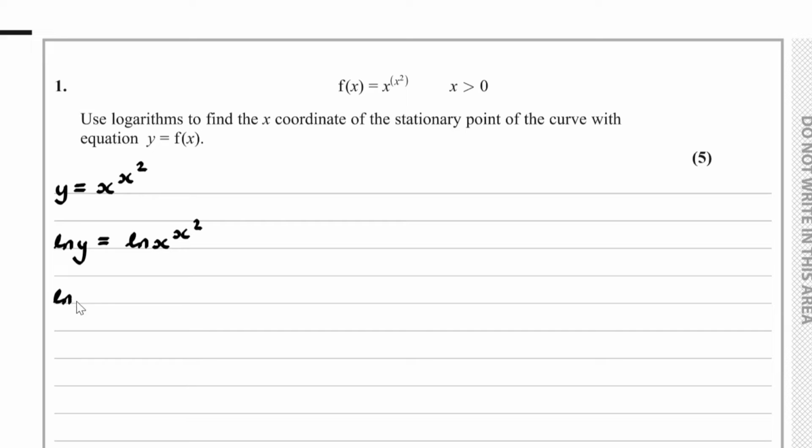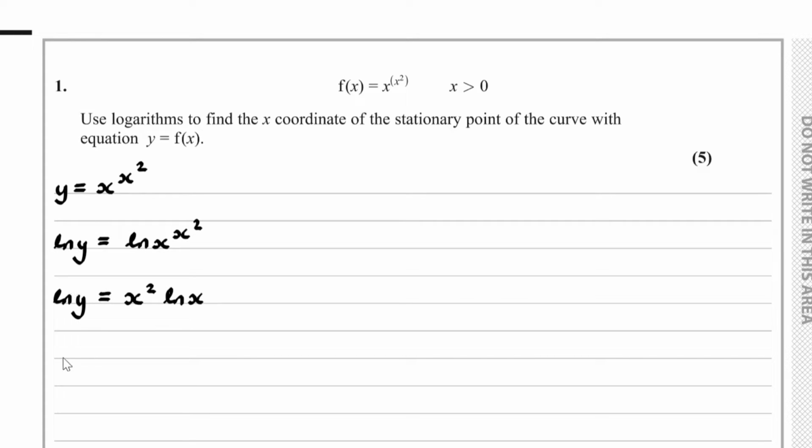So on the left hand side we've got the natural log of y, but on the right hand side we can use the power law of logs, leaving us with x squared multiplied by the natural log of x.